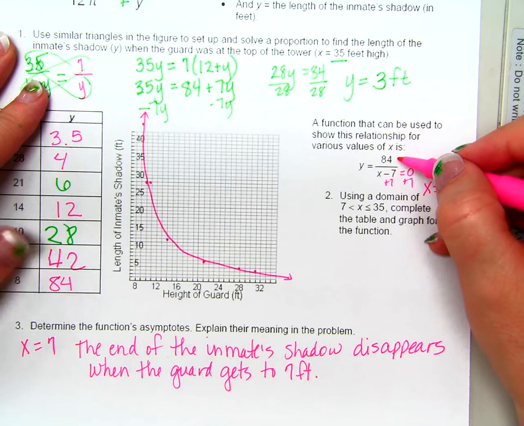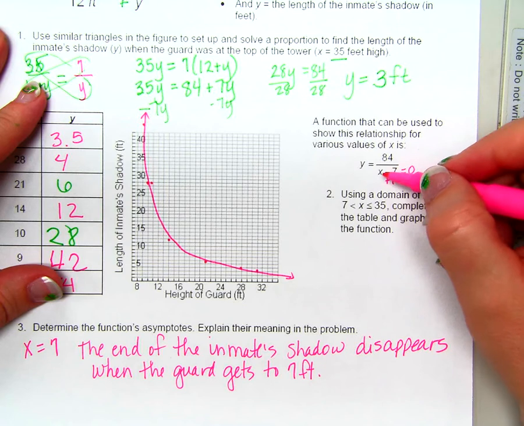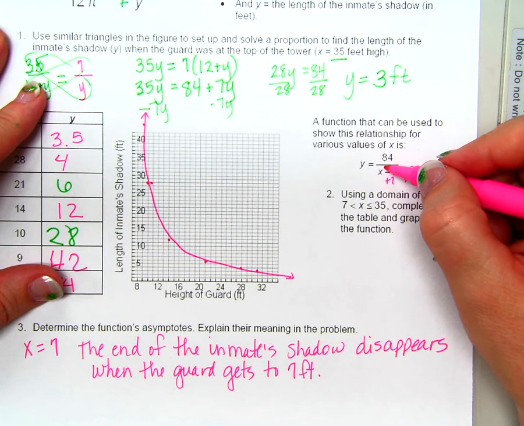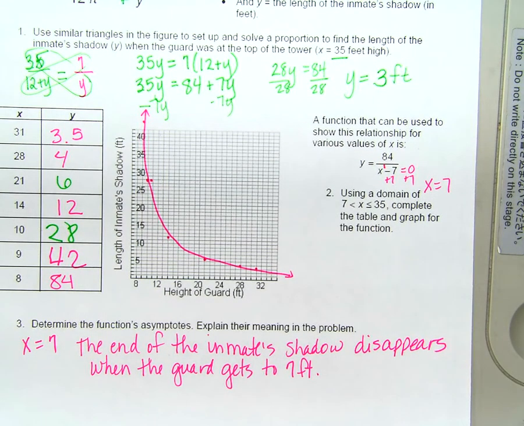What's the highest exponent in the numerator? 0, right? Because there's no variables. What's the highest exponent in the denominator? 1, right there. So if the denominator is greater, you have a horizontal asymptote at y equals 0.